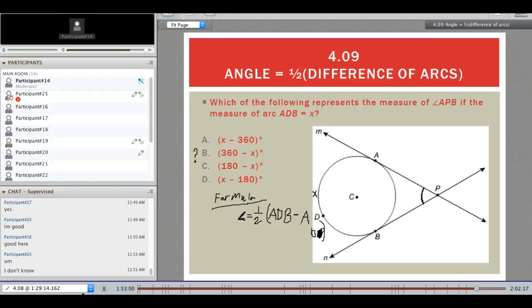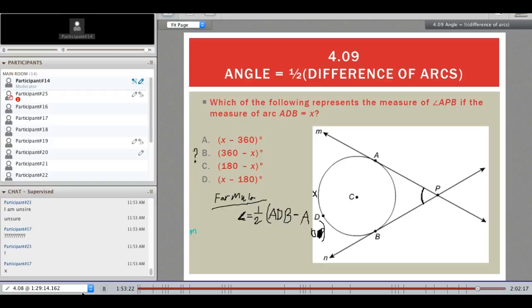Okay, so take a step back and plug in what you know about these things. What do we know about ADB? Hang on there, Tiro. That's correct. Let's start with ADB. Good, Anthony. So we know that ADB is equal to x.